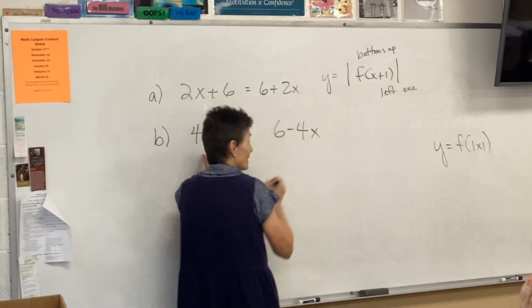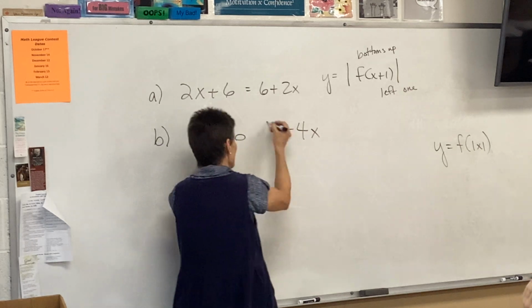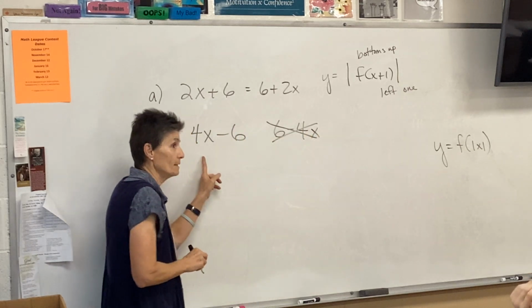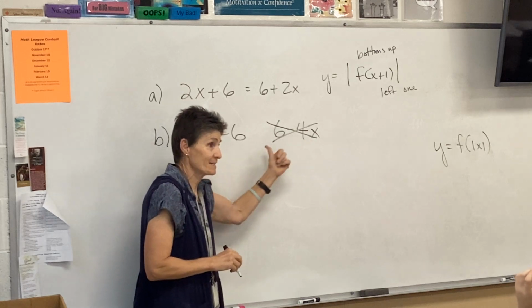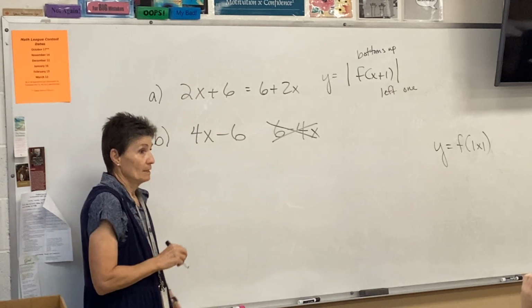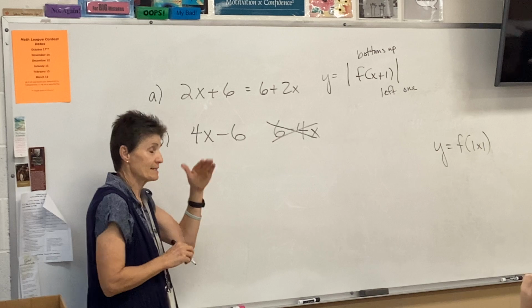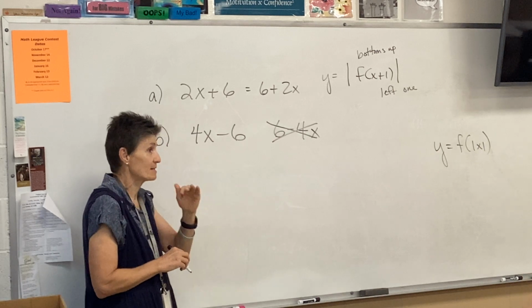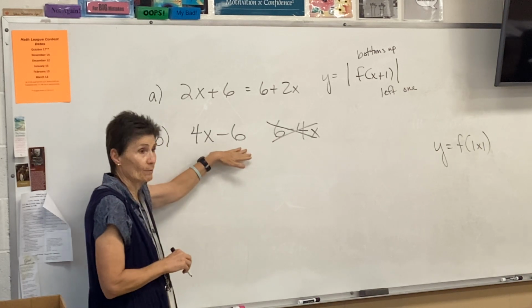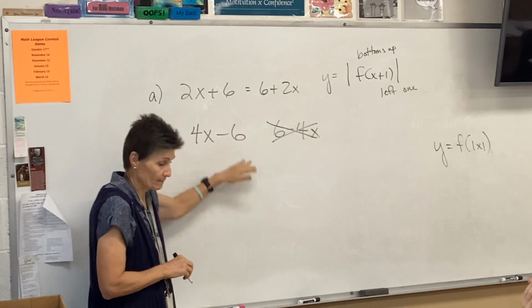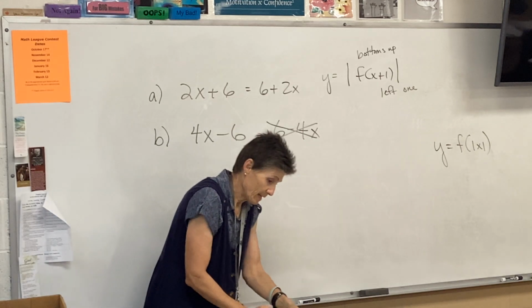Can I do this one in that order? No, that is wrong. That is 4x less than 6. 6 less than means minus 6. So Jack was exactly right. Perfect.